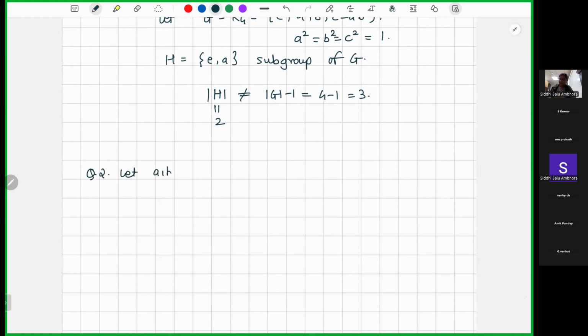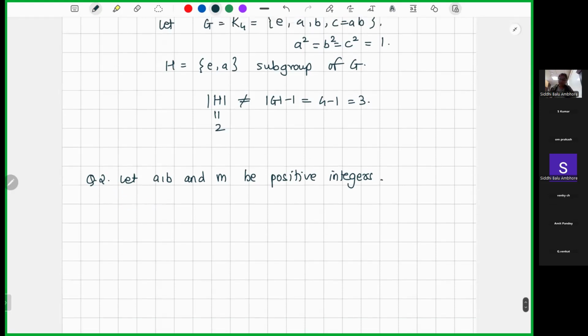Let A, B and M be positive integers. Again we have to check whether the following statements are true or false.